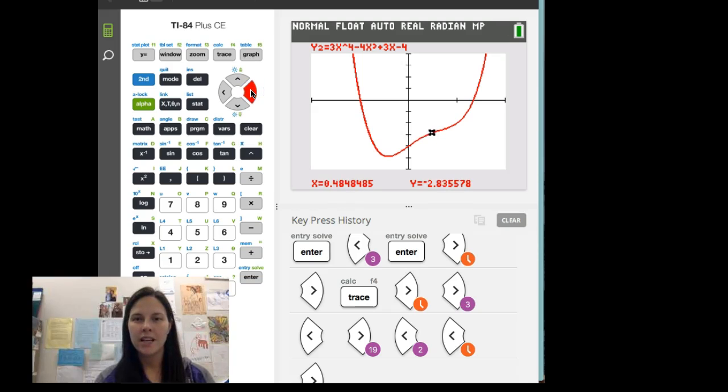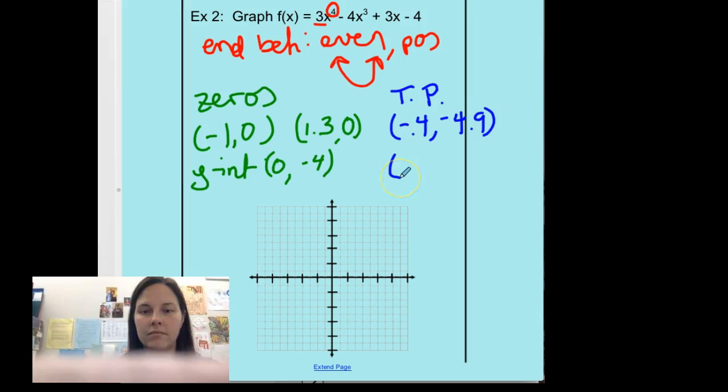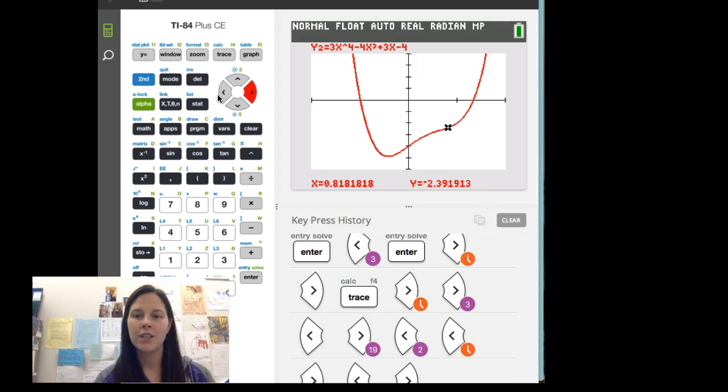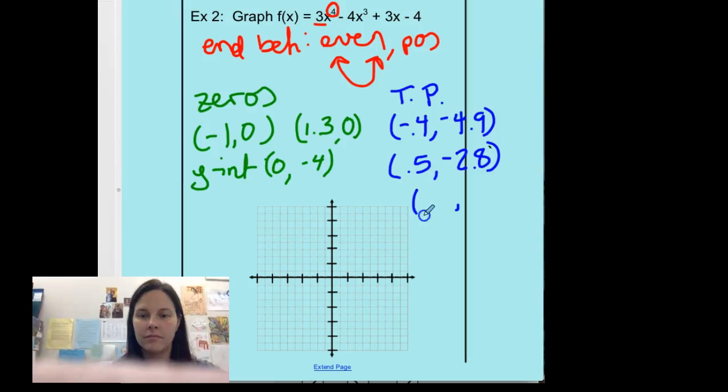And then right here was kind of another point where it was changing a little bit. So 0.5 roughly and negative 2.8. And then right around here was another point. So 0.8, negative 2.4.